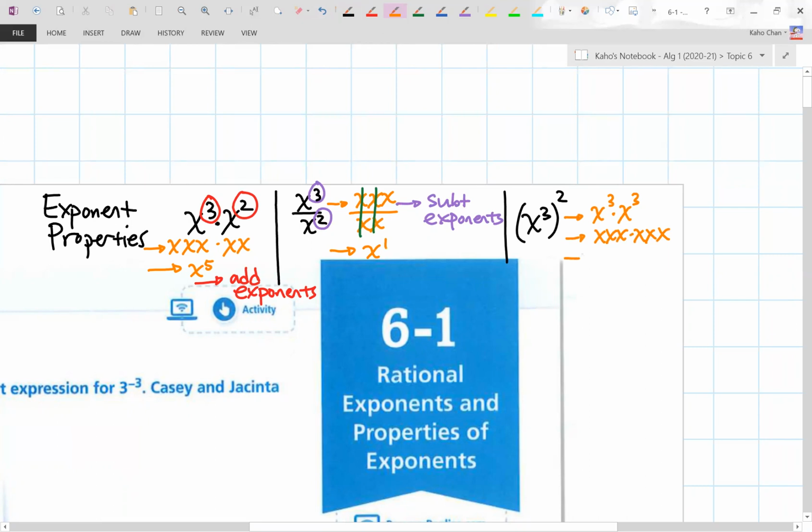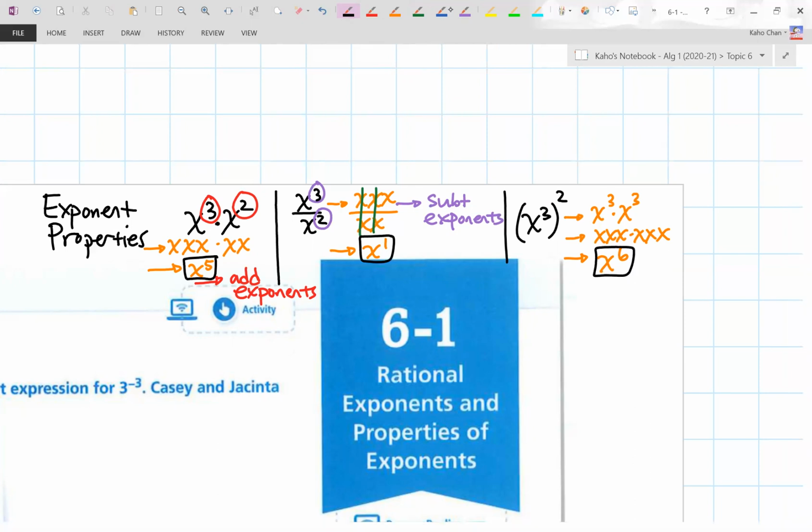And in this case, we have a total of x to the 6th. How do the numbers 3 and 2 and 6 relate? Oh, here you multiply the exponents. That was the rule.